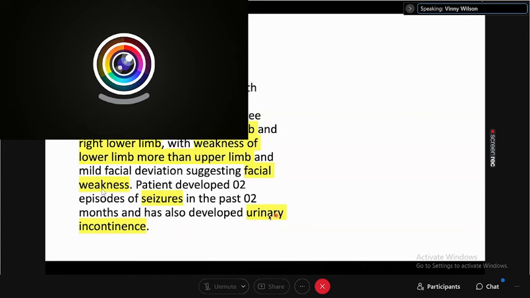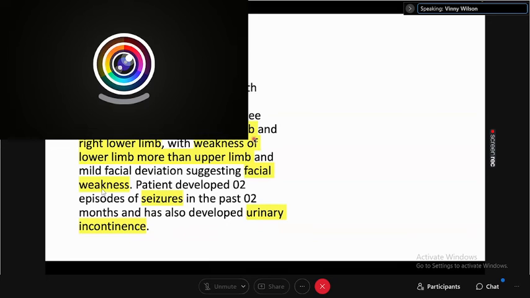The clue is also given by the fact that the weakness in the lower limb is more than the weakness in the upper limb. And that clue comes from the representation of the motor homunculus, where the lower limb distal aspects are on the medial side of the hemisphere.